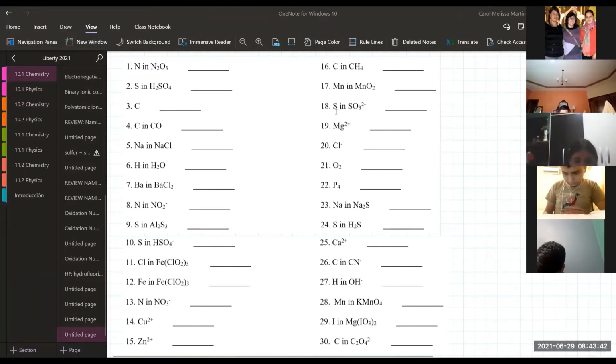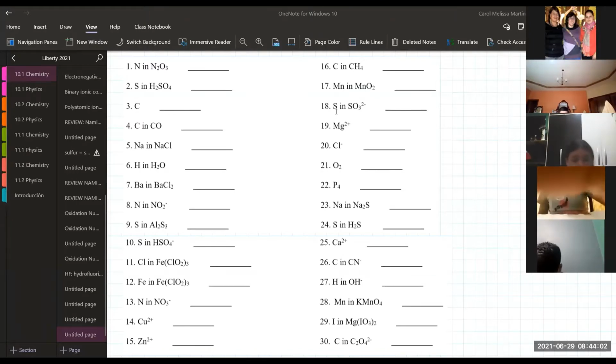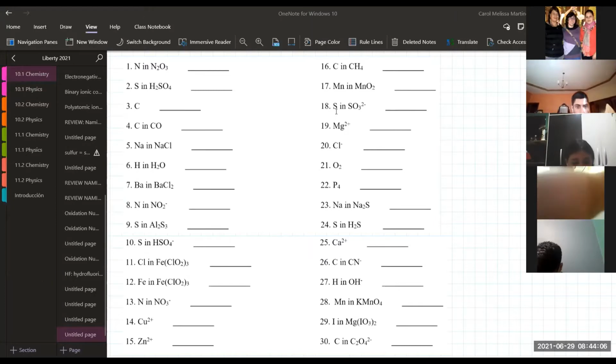Okay, so the first thing that I want us to do is to identify those elements that are not combined. The number 3, that is correct.